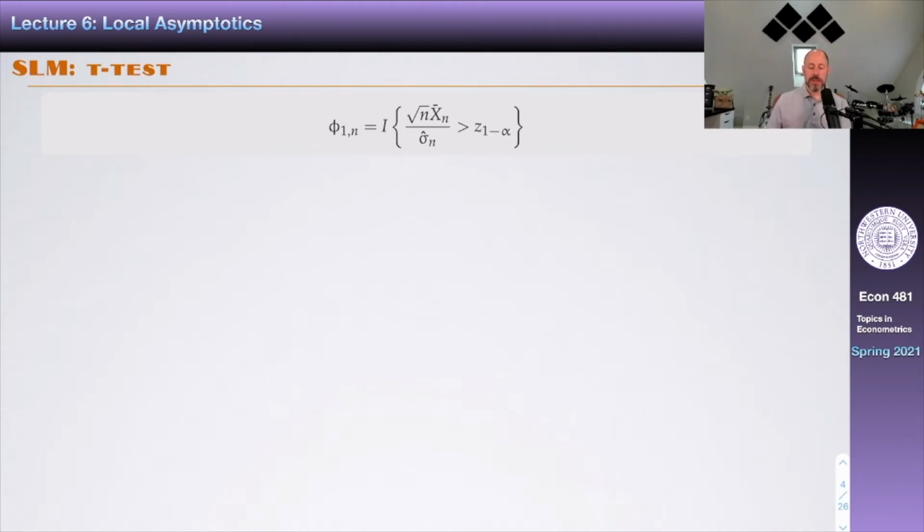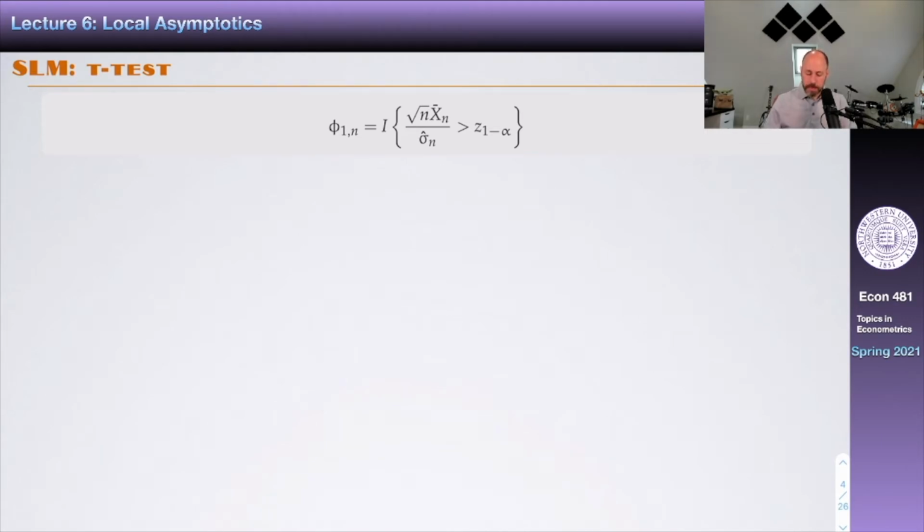We are going to start with the t-test. The t-test, which is going to be phi1 n, is just the indicator that square root n x bar n divided by sigma hat n is greater than z1 minus alpha, where z1 minus alpha is the 1 minus alpha quantile of a standard normal.